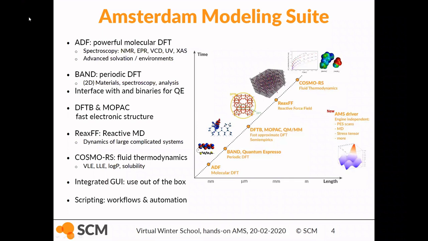Again, the underlying theory is based on DFT, so it nicely fits in the whole Amsterdam Modeling Suite package. You can run all of these codes through the graphical user interface. If you don't want to do that, that's also possible. But if you don't want to do that, then probably you want to zoom out of this tutorial because this is what we'll be using mostly for the remainder of this and the afternoon session.